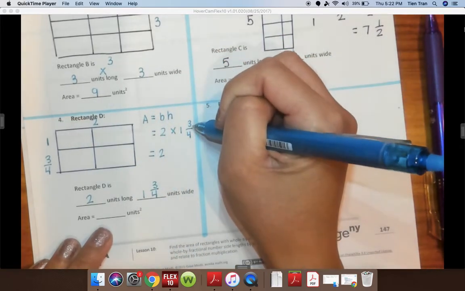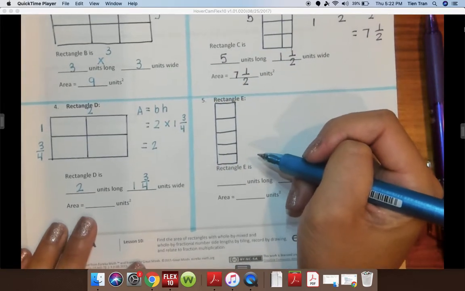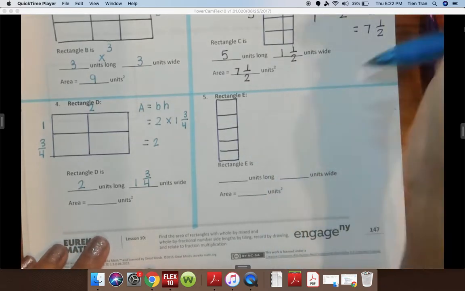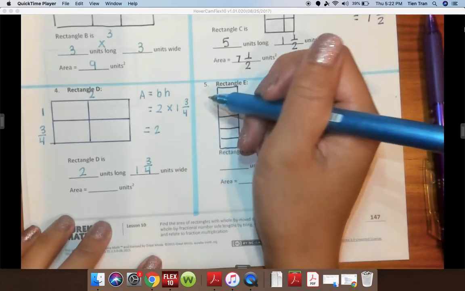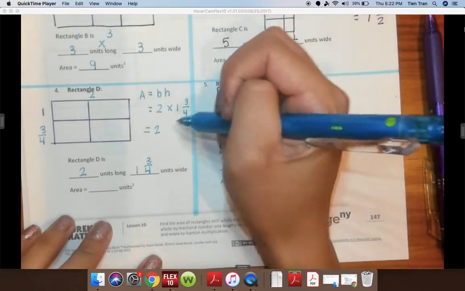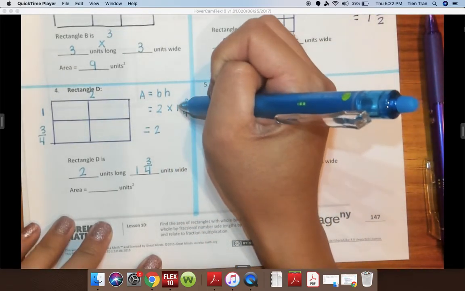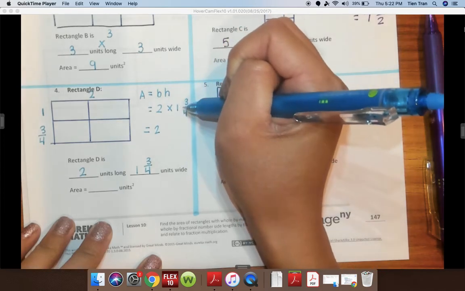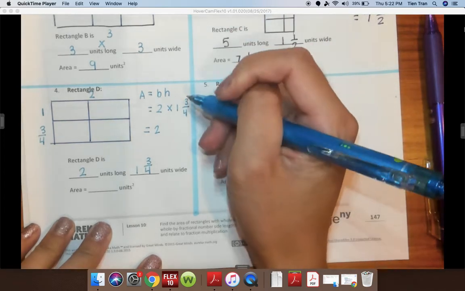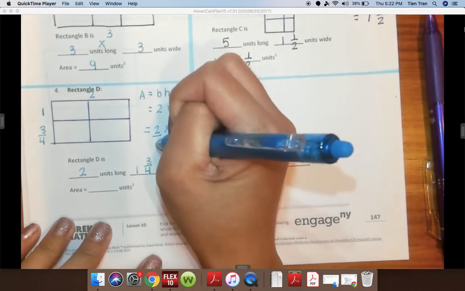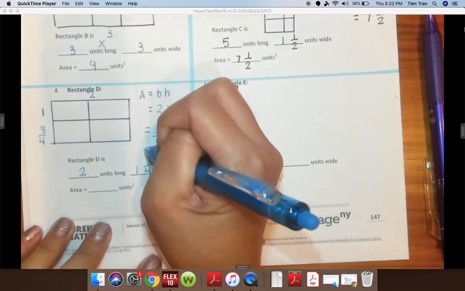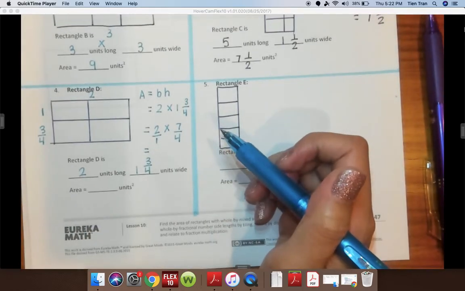And remember, you need to change your mixed number into an improper fraction so that you get the correct answer. So I have 4 times 1, which is equal to 4, and 4 plus 3 is equal to 7. So I have 7/4, okay? And if you want to put the 1 under the 2 so it's easier for you to multiply across, you can.